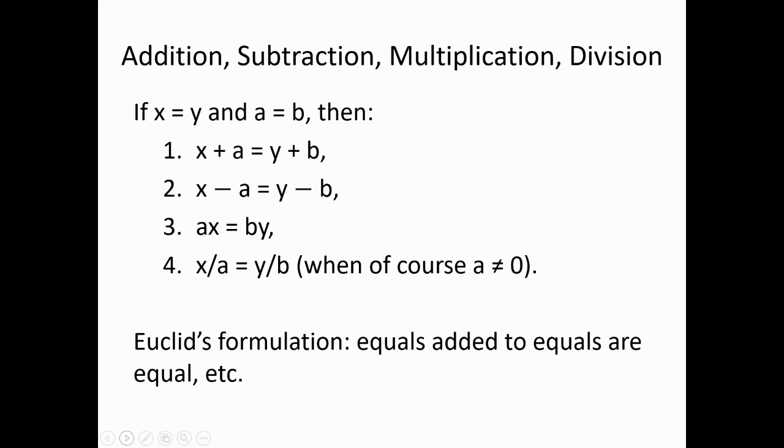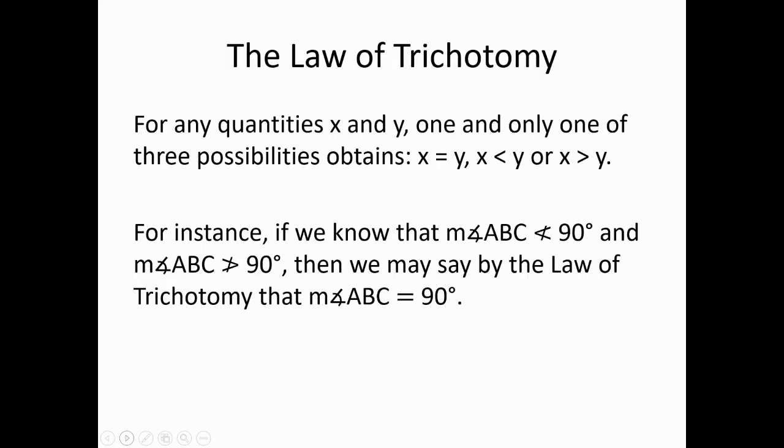And that, of course, is because we cannot divide by 0. Now, I know this is a bit complex to say, but the idea behind it is really extraordinarily simple. Number one says simply that if you add equals to equals, you get equals. X was equal to y and a was equal to b, so x plus a and y plus b are equals added to equals. And when equals are added to equals, you get equals, and equals subtracted from equals are equals, and so on. So these are very important.